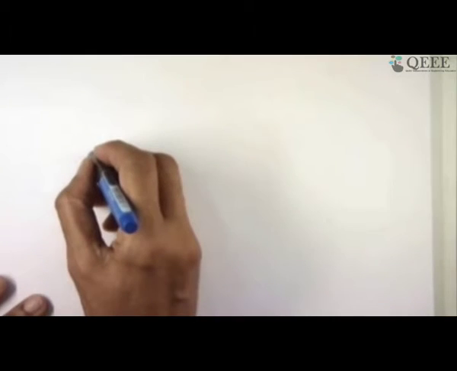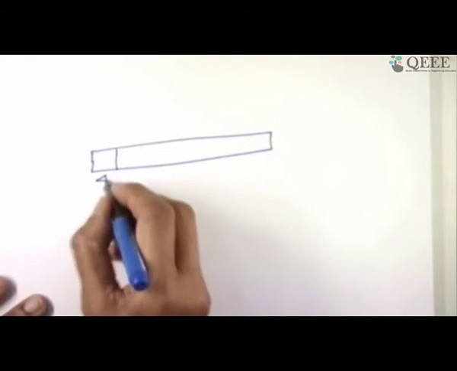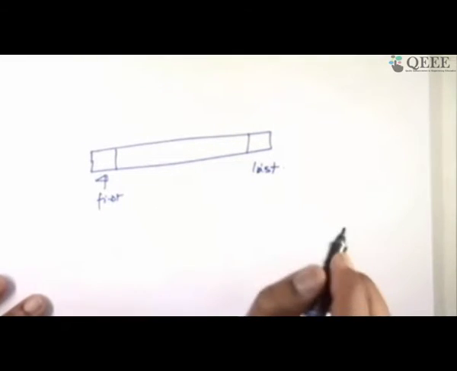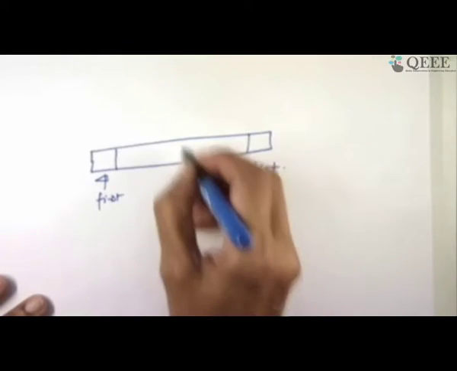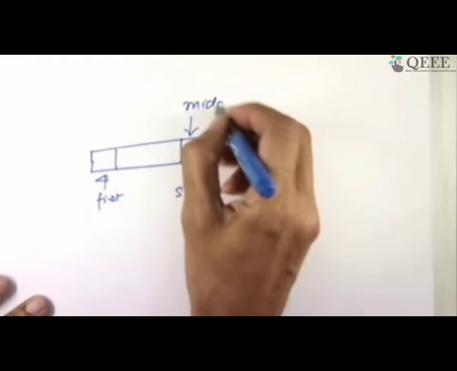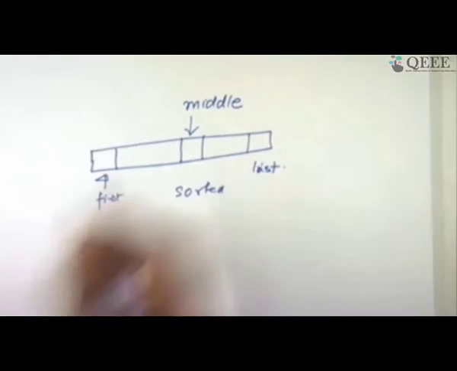Binary search says that if I have a collection, this is typically done with arrays. I know the first element, where it is. I know the last element, and these are sorted, which is very, very important. And it says if things are sorted, I can look at the middle and decide on which half the element I am looking for resides, the left half or the right half.